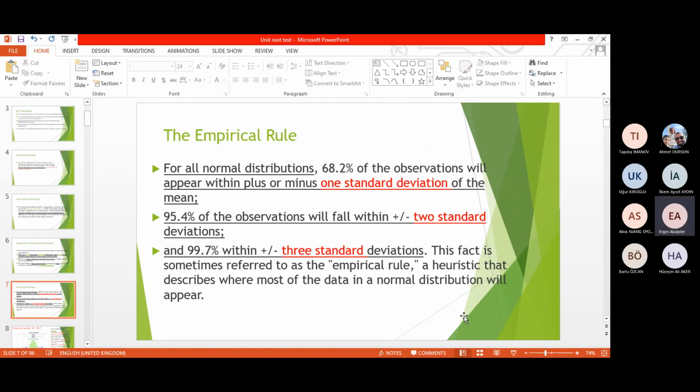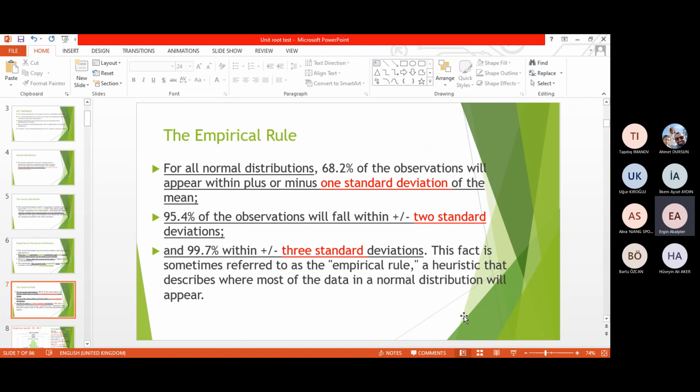The empirical rule: in the normal distribution, around 68.2% of the observations will appear within plus or minus 1 standard deviation of the mean.